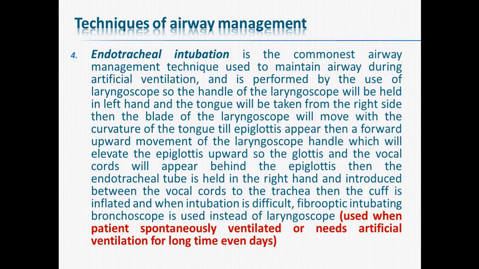Then a forward upward movement of the laryngoscope handle will elevate the epiglottis upward, so the glottis and the vocal cords will appear behind the epiglottis. Then the endotracheal tube is held in the right hand and introduced between the vocal cords into the trachea.